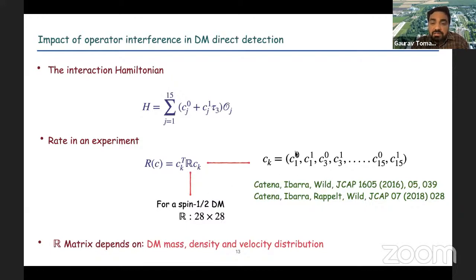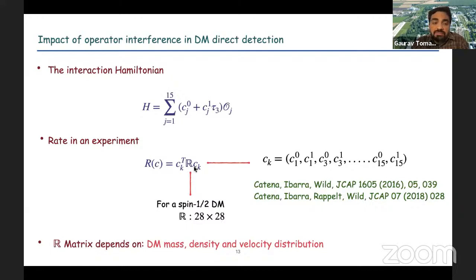And for one operator, there are 2 couplings, C0 isoscalar, C1 isovector. So that means R will have a dimension of 28 cross 28. And it contains all the information about the experiment, basically its resolution, efficiency, exposure, etc. And also dark matter mass, density, and velocity distribution. Everything goes in this R.